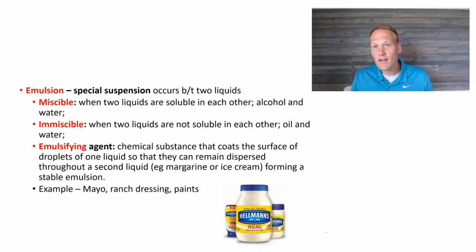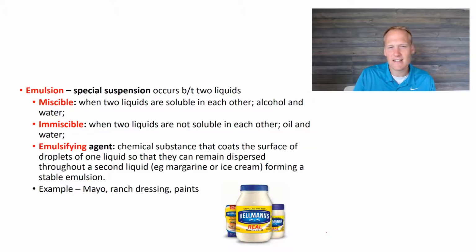Oil and water are often present in cooking or in condiments. A lot of times we want that oil and water to mix together even though they're immiscible. So what we do is we add something like an emulsifying agent. Egg yolk is an emulsifying agent for oil and water. An emulsifying agent has a polar end and a non-polar end.